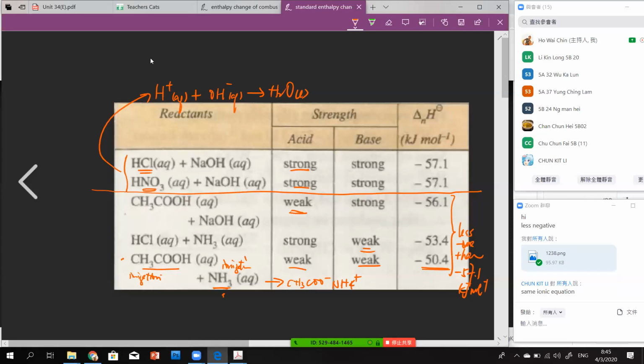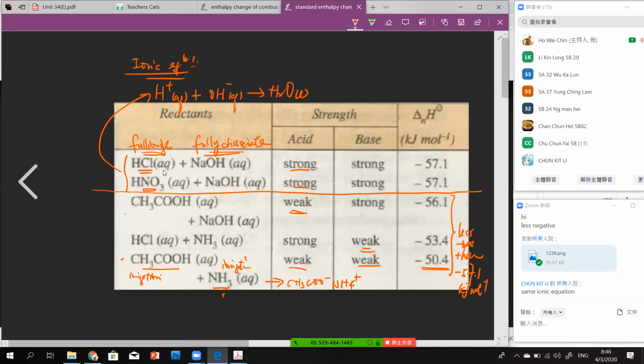So the ionic equation is the same. The ionic equation is the reaction between hydrogen ion and hydroxide ion. The acid is fully ionized in water, while the alkali is fully dissociated in water to form ions.